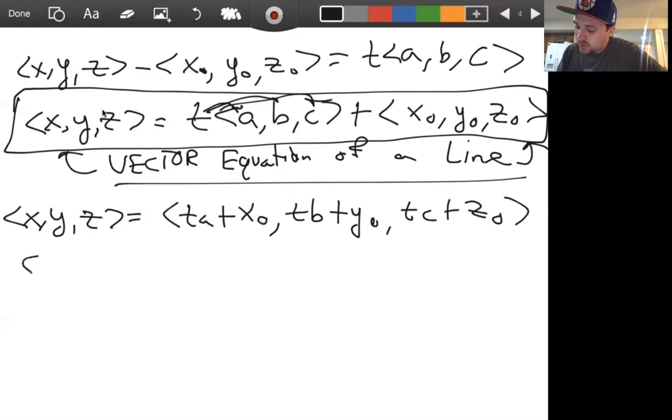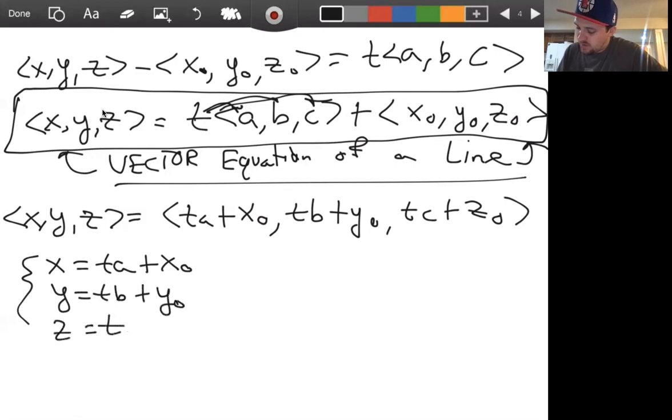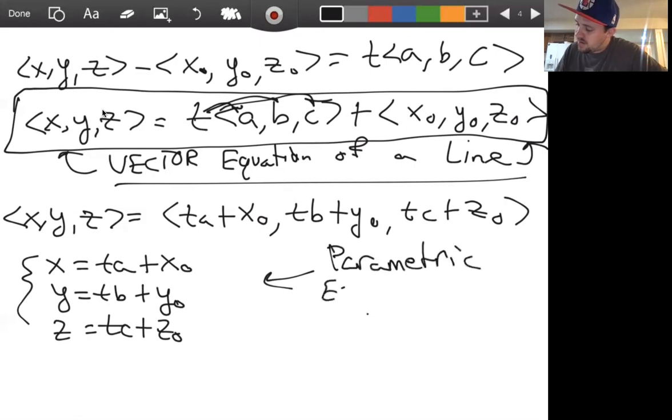If I do this, we get the system that x should be equal to ta plus x naught, y should be equal to tb plus y naught, and z should be equal to tc plus z naught. These are the parametric equations of a line.